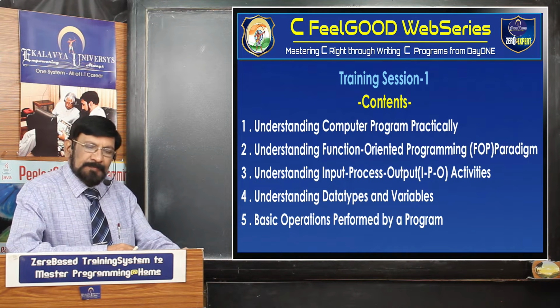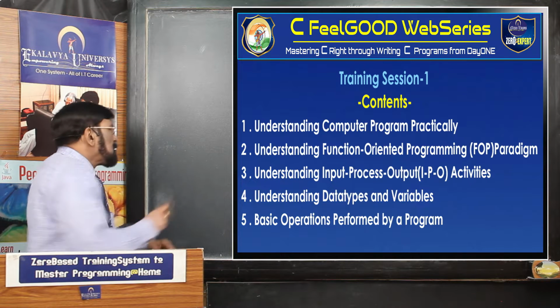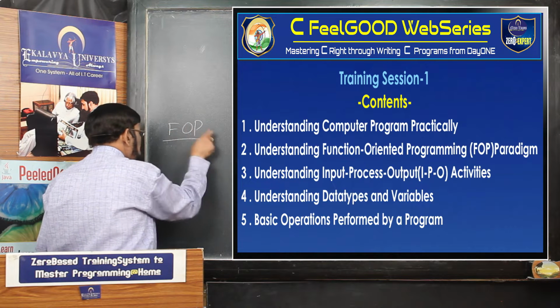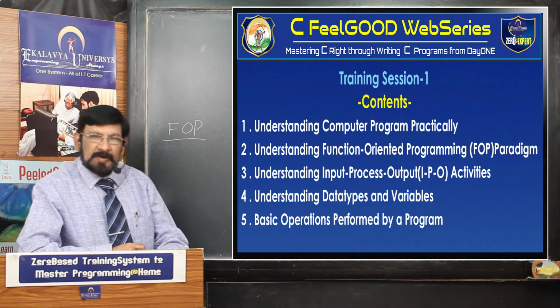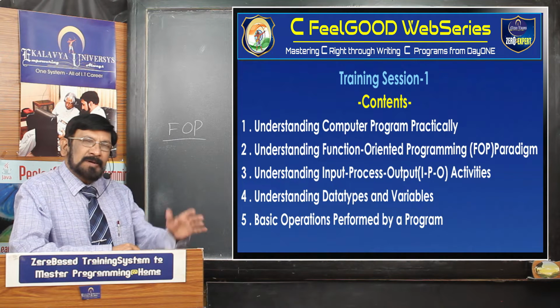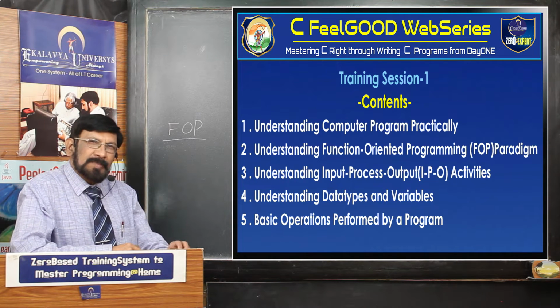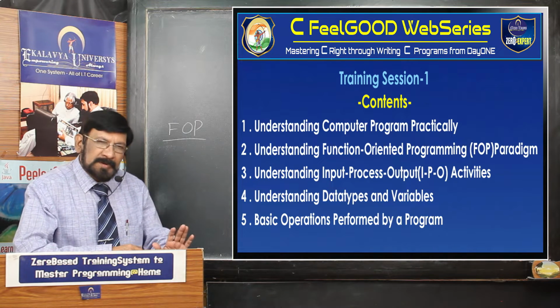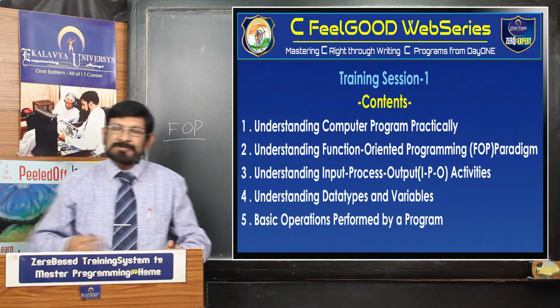The second one is understanding the function oriented programming paradigm. The word paradigm is new to you. Simply seeing the dictionary, you get the meaning, but it does not help you. Certain terms you have to understand practically.